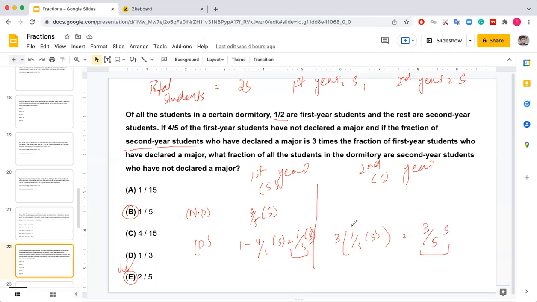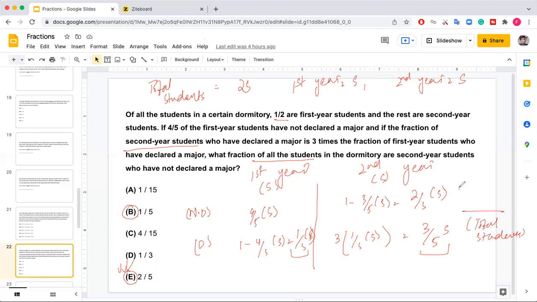If this is 3 by 5, so what will be the fraction of students who have not declared? That will be 1 minus 3 by 5 of S, which is 2 by 5 of S, right? Now see the question. The question is saying, what fraction of the students in the dormitory? What fraction of the students means what fraction of all the students? We have here total students, and then the situation is, second year students who have not declared a major.